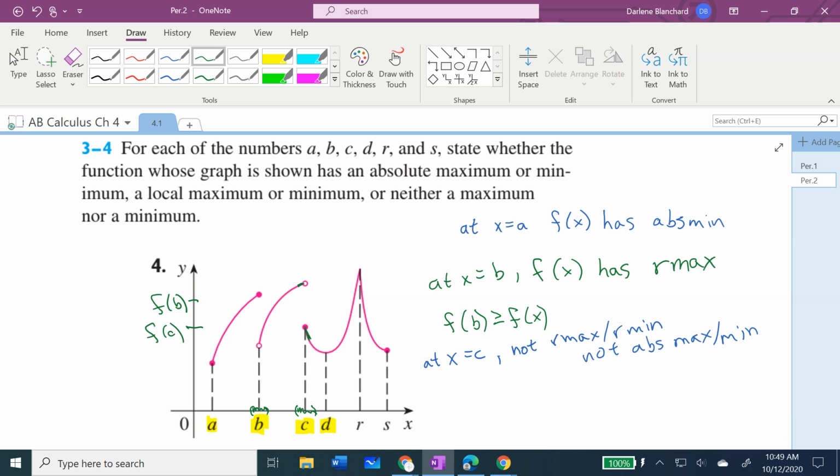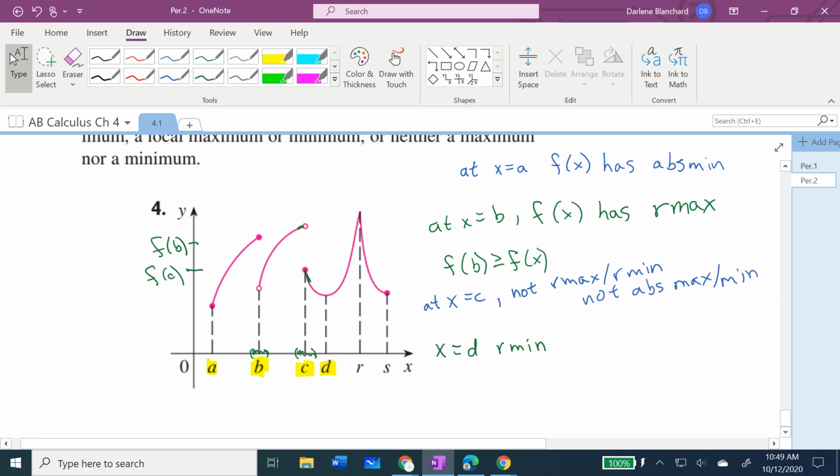Moving on to D. Hopefully you can see that D is definitely a relative minimum. And hopefully you can also see that it's not the lowest point. So it's a relative, but it's not an absolute. Then let's move on to x equals R. The derivative does not exist at R, but we do have a relative maximum.